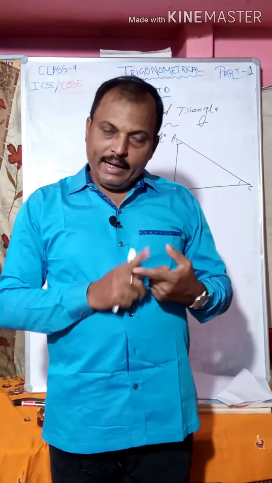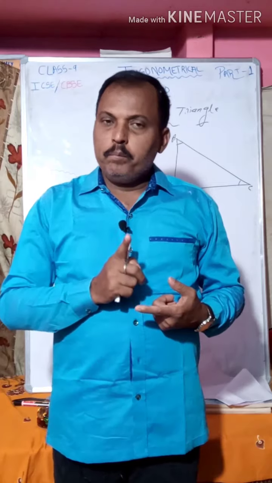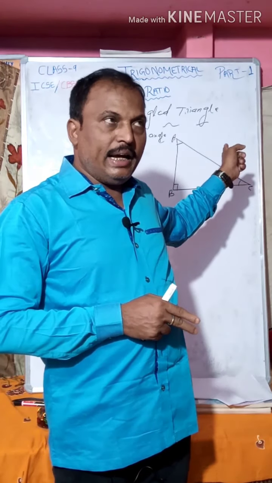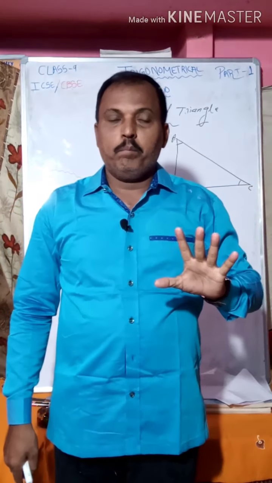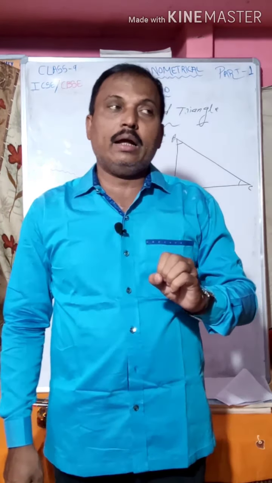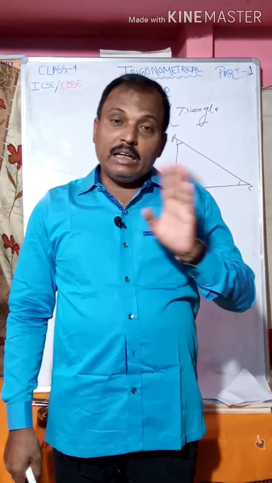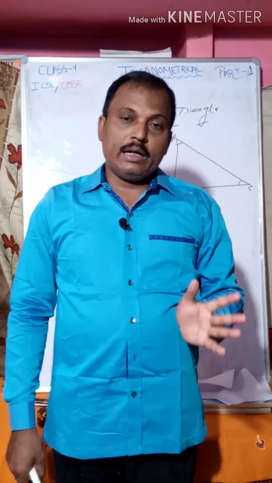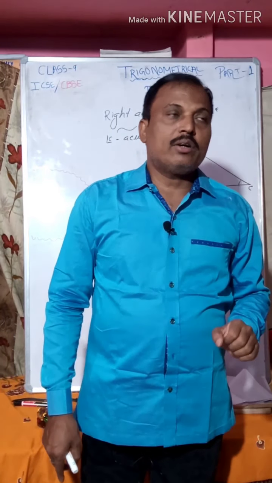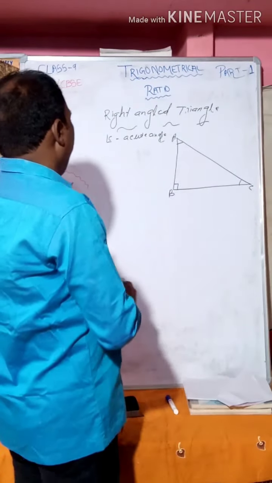So a right angle triangle has one right angle, but the other two angles are acute. That's why this triangle is called a right angle triangle, but not an acute angle triangle. If all three angles of a triangle are acute, then that triangle is said to be an acute angle triangle.